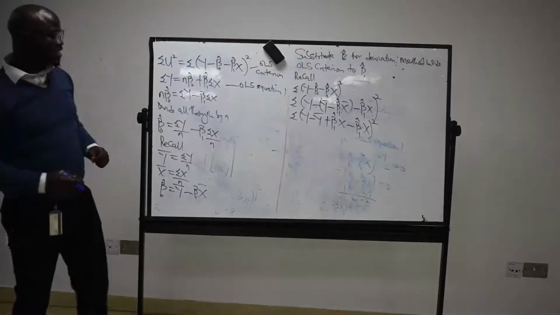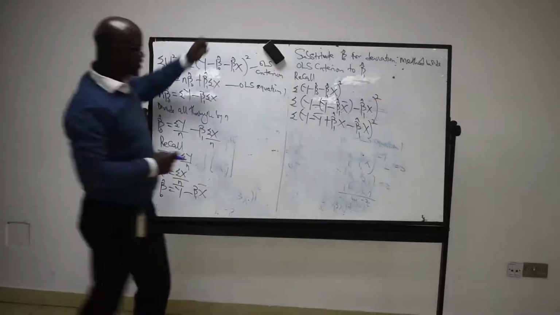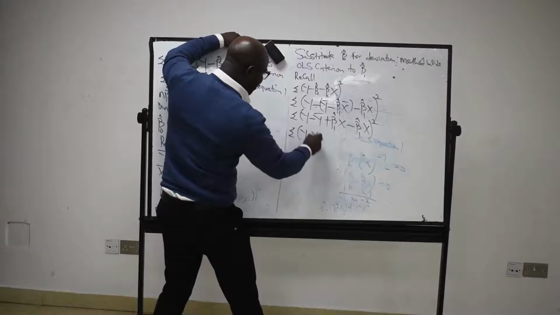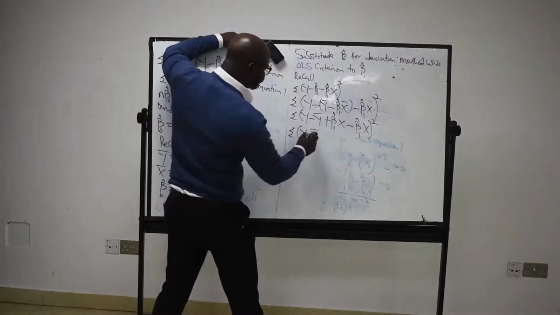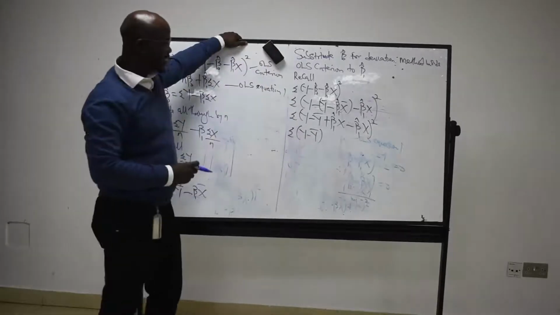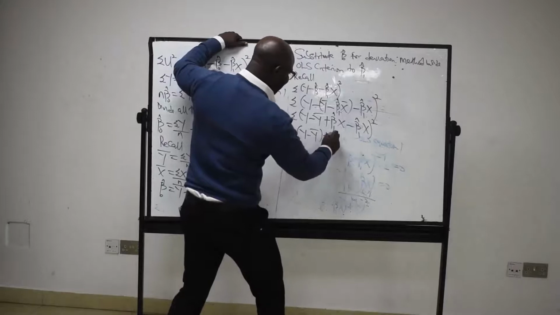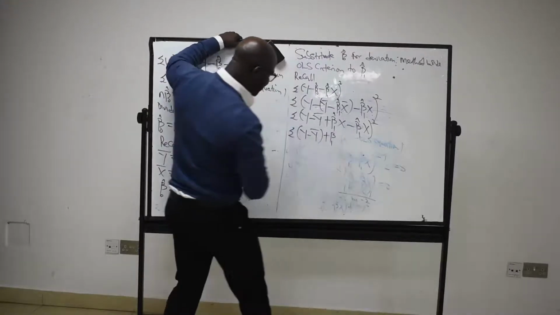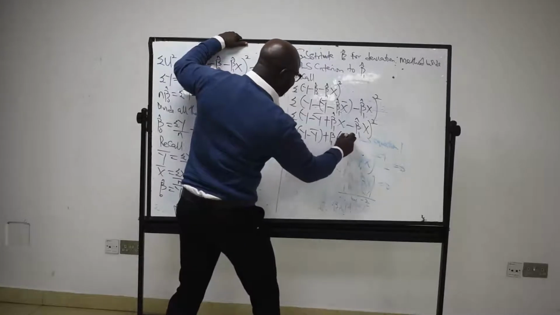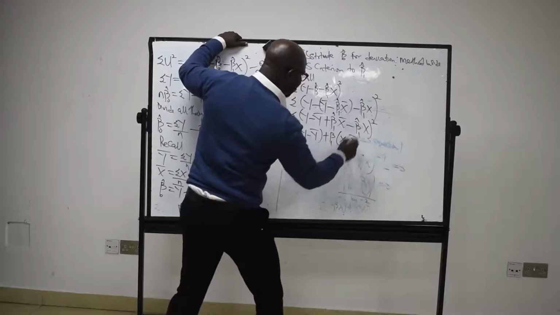All squared, class. Do you know we can rewrite this? We can rewrite this to be summation of y minus y bar, and y minus y bar, plus beta 1, sorry, this is x bar, x minus x bar.